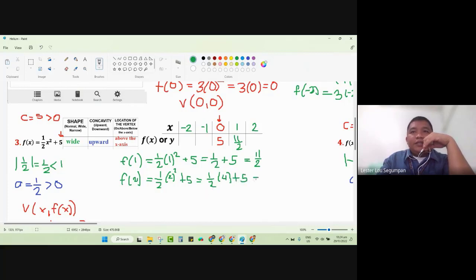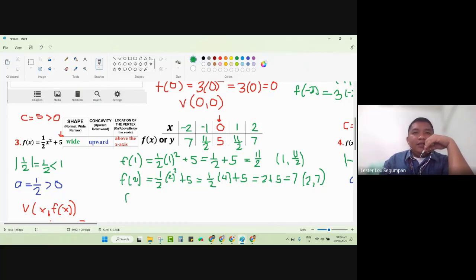So this is 2 plus 5, which gives you 7. So this is 7 here. The points are 1, 11 halves or 5 and 1/2. And you will have here 2 and 7. So just by the analysis earlier, this should also be 11 halves and this should also be 7.